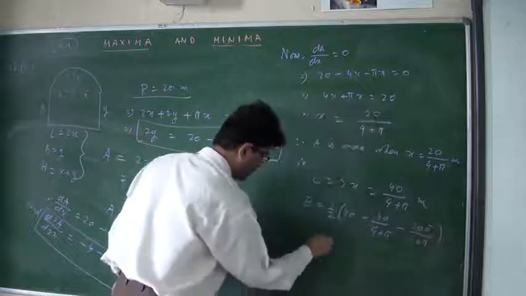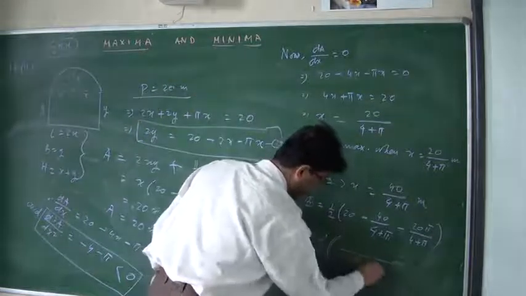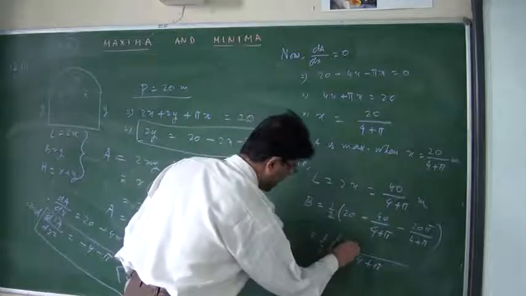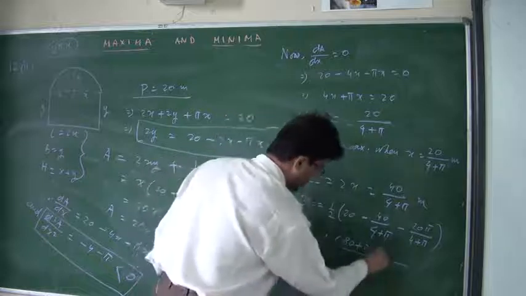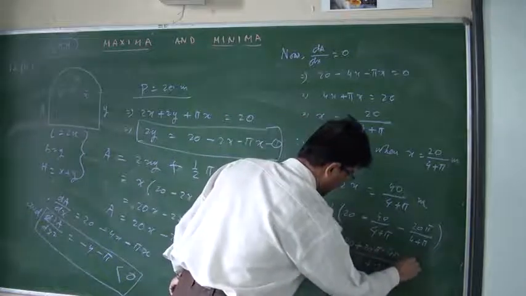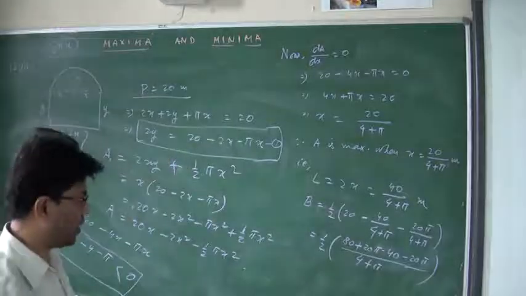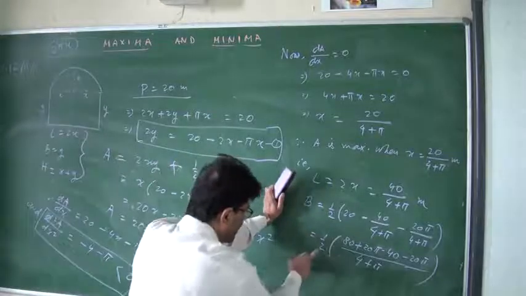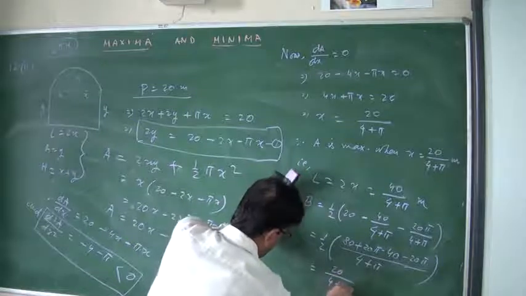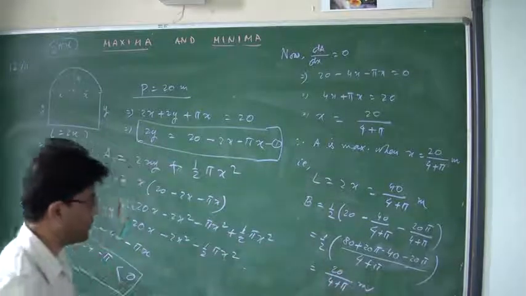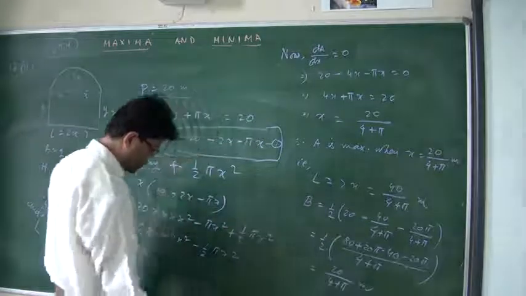Half of this is equal to half into, your LCM is 4 plus pi, this is 80 plus 20 pi minus 40 minus 20 pi. 20 pi is cancelling. 80 minus 40 is 40. 40 divided by 2 is 20. It is coming 20 over 4 plus pi meters. So this is the value of breadth.